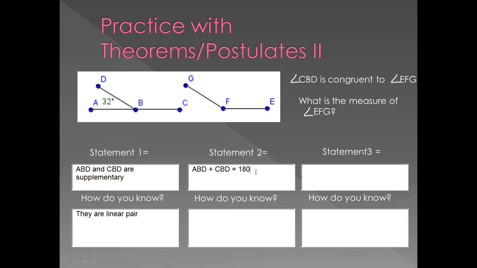All right, using this information, since we know that ABD is 32, we're going to put that in here, okay? And then we say that linear pairs are supplementary. Now, using that theorem that a lot of you stated before, what can we write instead of CBD?